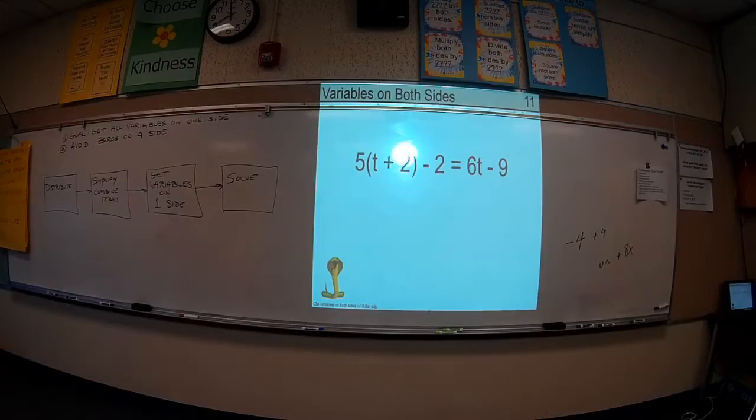So right here, before you moved anything, you should have simplified. In the actual case, it's an 8. So it's actually 10 minus 2. And right here, I add on both sides.